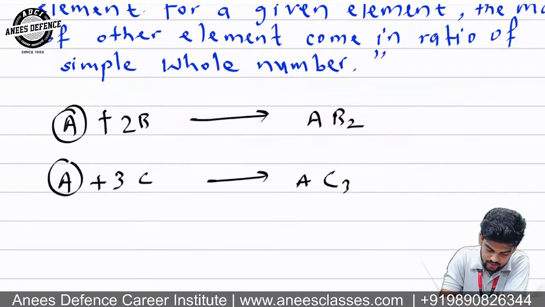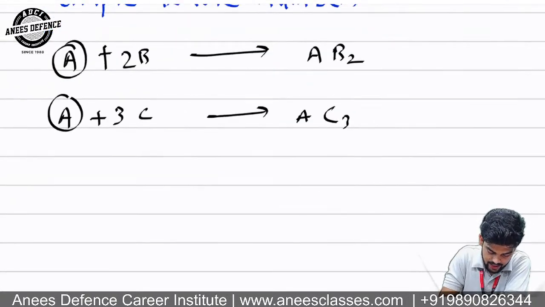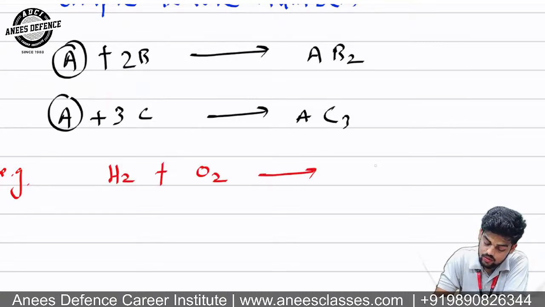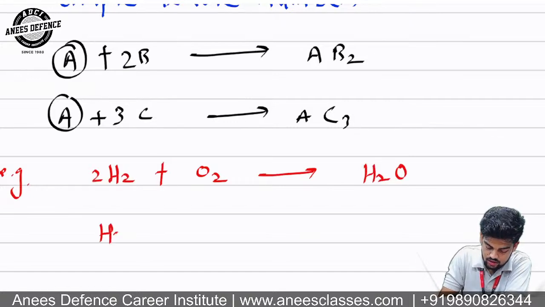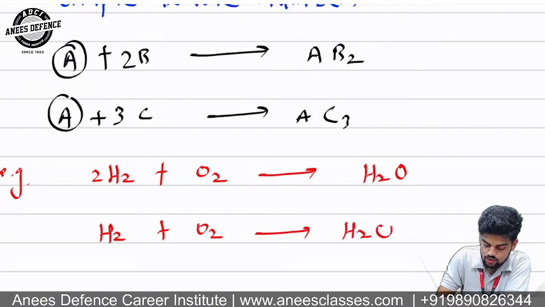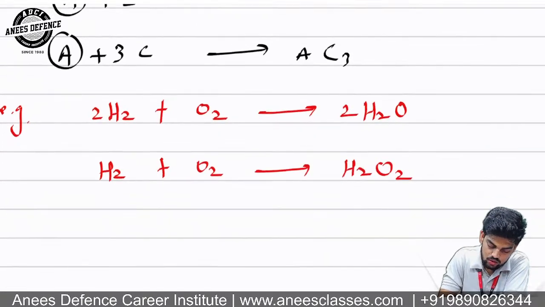अगर हम इसको एग्जांपल से समझें, हाइड्रोजन reacts with oxygen and forms H2O. The same hydrogen reacts with oxygen and forms H2O2. In both the reactions, the mass of oxygen is the same, that is 32u and 32u.